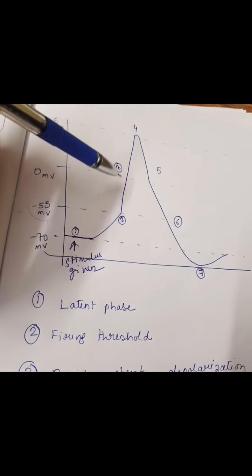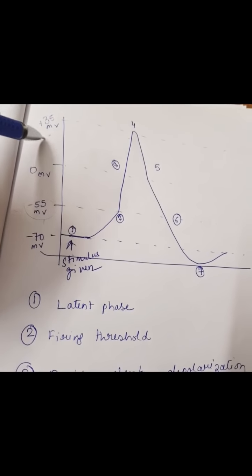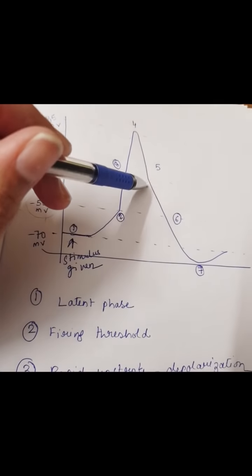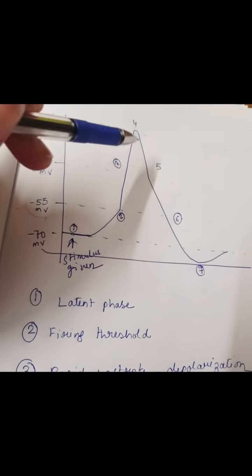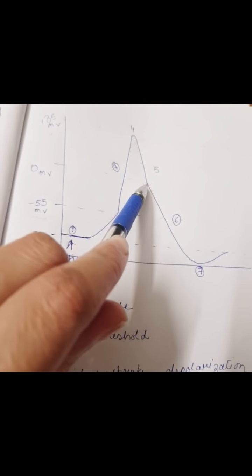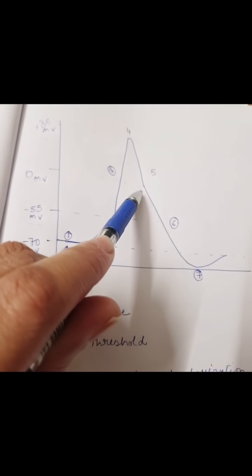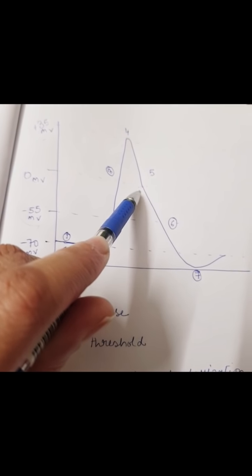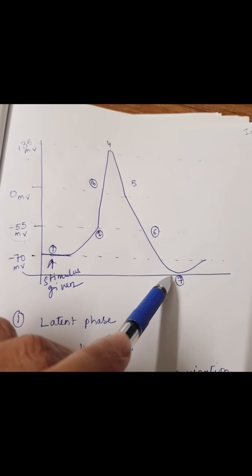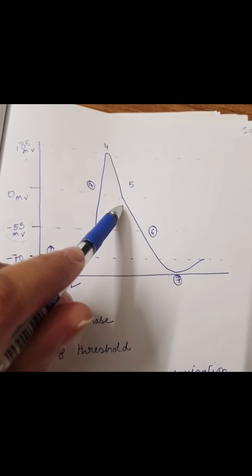It crosses the zero mark, then overshoots to plus 35 millivolt, forms the spike, comes down rapidly, very rapidly, that is, rapid repolarization occurs up till the zero level. Then after that, there is slow movement of the membrane potential towards the resting membrane potential, that is, the membrane potential becomes more negative.